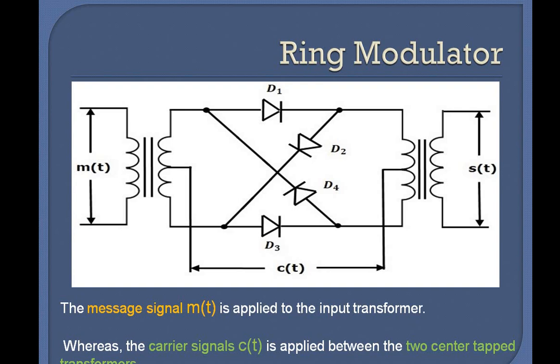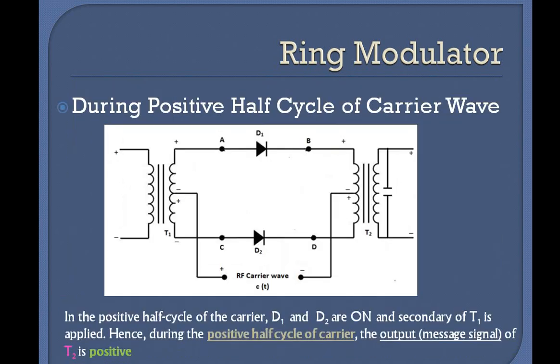As we are using a square carrier wave, for the first positive half cycle, D1 and D2 will be on, in forward bias, and D3 and D4 will be off, in reverse bias. So in the positive half cycle, the message signal is multiplied with 1 and you get only positive cycles at the output side.